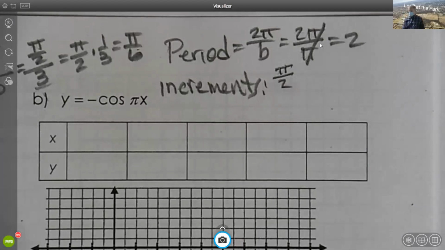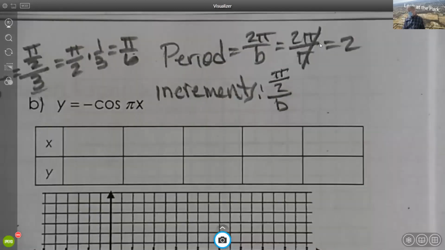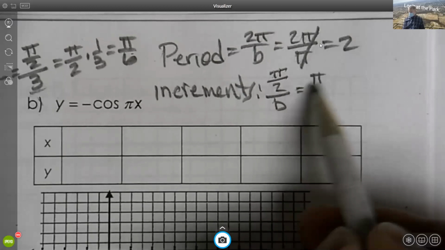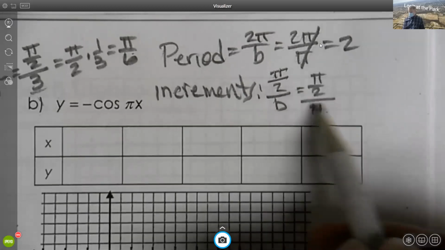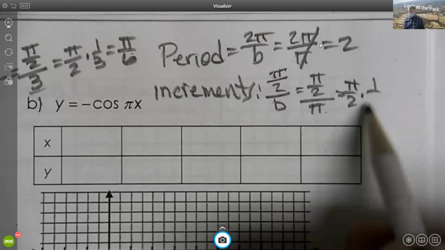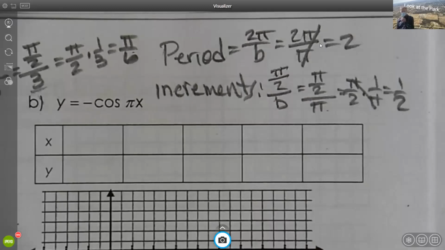So we're going to divide that pi over 2 by our B value, and our B value now is pi. So we have pi over 2 divided by pi, which is pi over 2 times 1 over pi. So we're going by 1/2, going by a half.